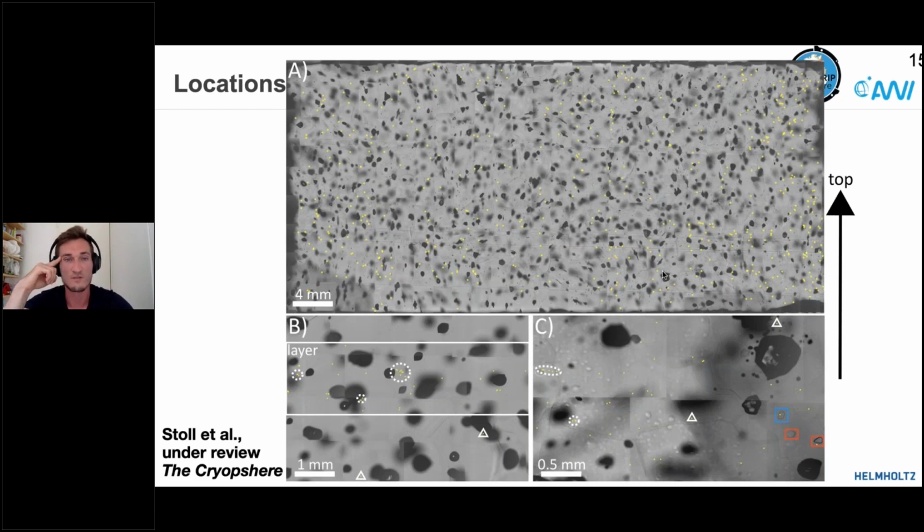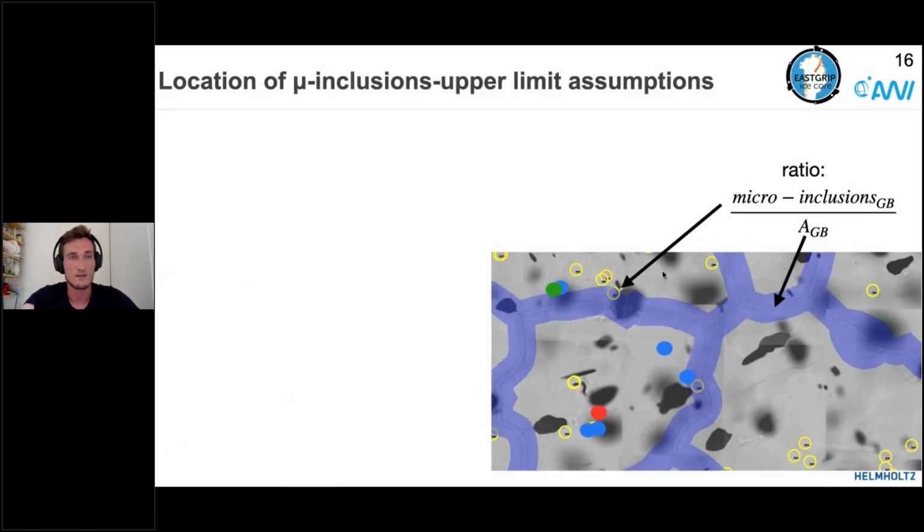And if you look at the overview scan above, you can see that some of them are somehow randomly distributed, and some of them are very solitarily located, so there are no inclusions around. So the spatial scale is definitely something to keep in mind. It really depends if you look at the broad scale or if you really go into detail.